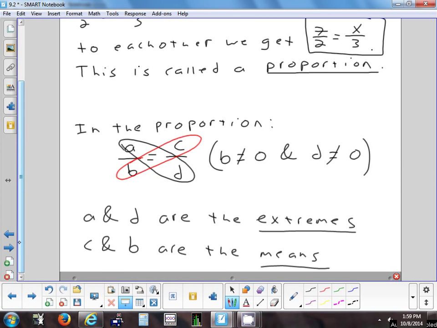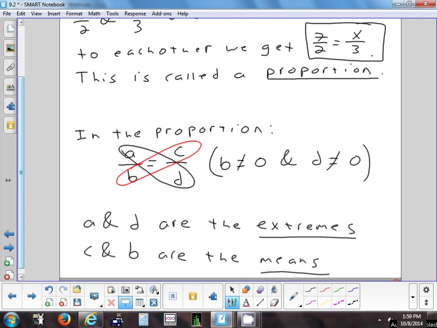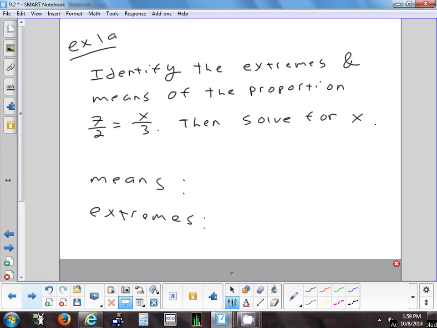Your means go from the upper right to the lower left. So my means are X and 2.